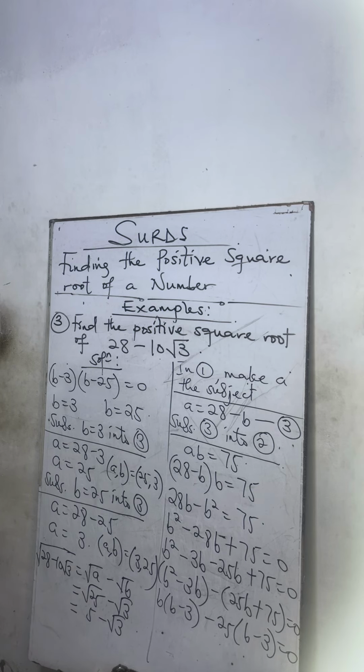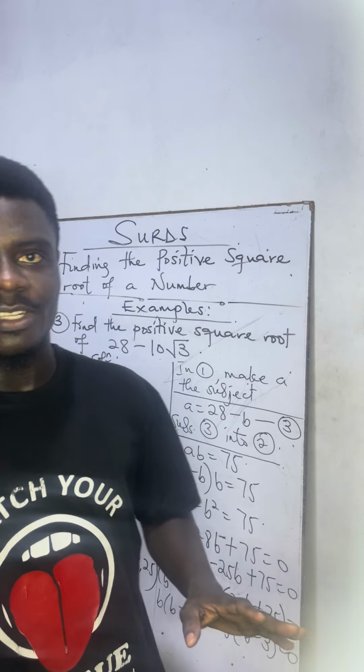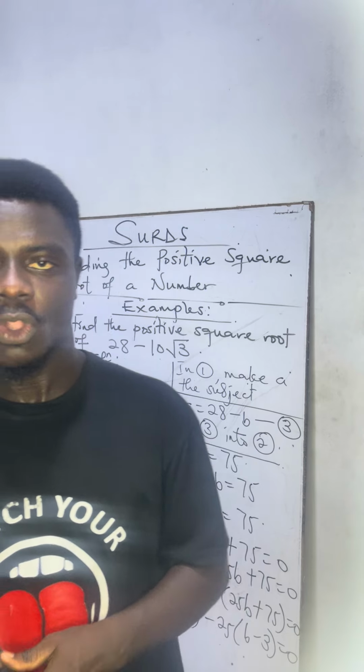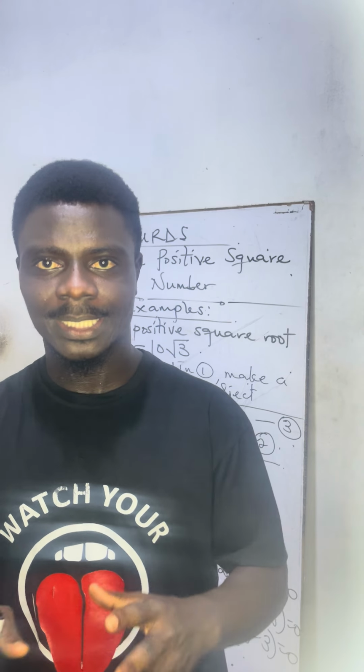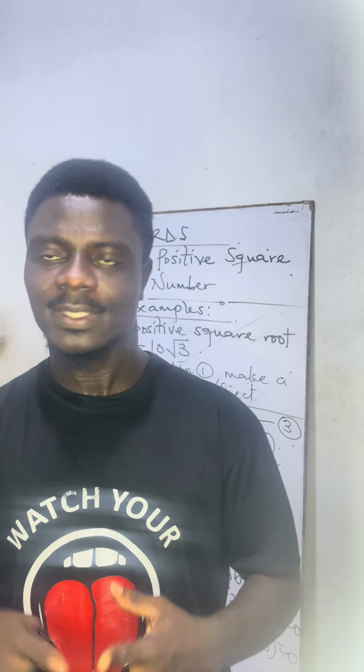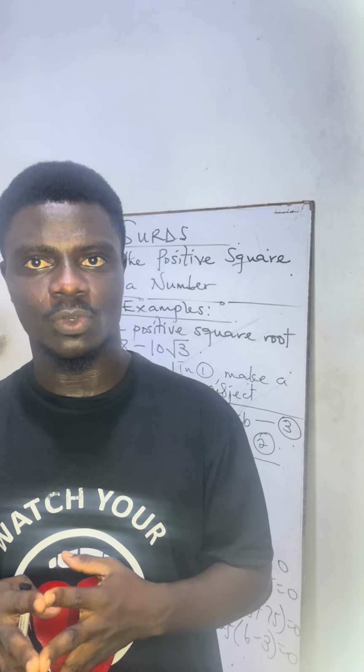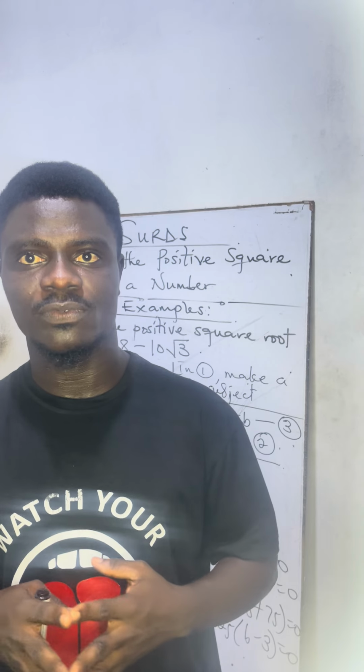Very, very simple. Mathematics is not a spectator sport. So sit down, take your calculators, take your jotters, and sit down quietly. Follow what the teacher is doing on the board, and I believe you understand.